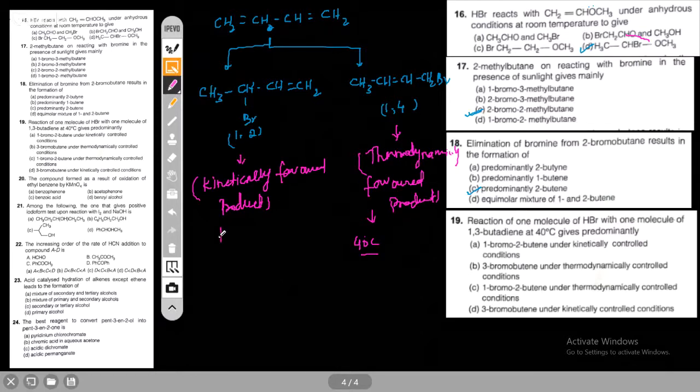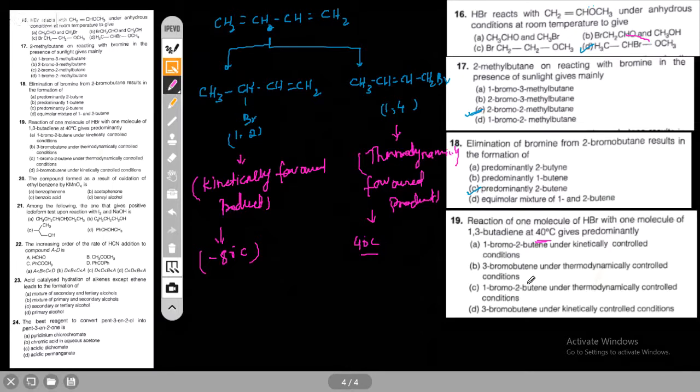The kinetically favored product is possible when the temperature is very low, around minus 80 degrees Celsius or less. So you must keep both in mind. According to the condition here, it is 40 degrees Celsius, so the major product in this case will be the 1,4 addition product. So that will be thermodynamically controlled or favored.